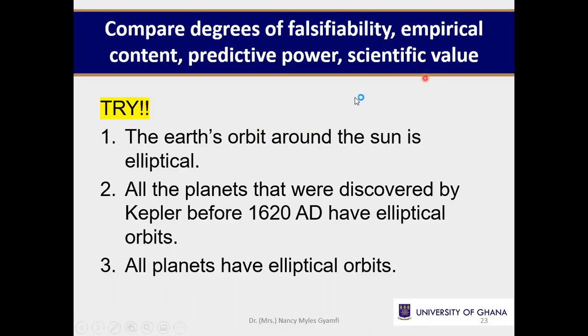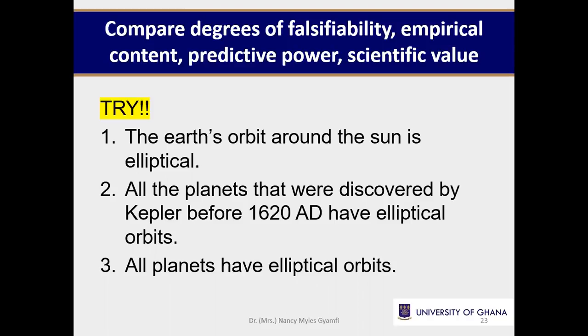Compare degrees of falsifiability, empirical content, predictive power, scientific value. Compare it. Look at example one. The Earth's orbit around the sun is elliptical. That's one. What's the reference class? The Earth. Is that general or particular? That is particular. The Earth.